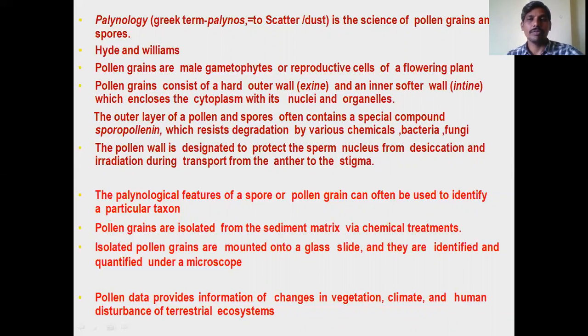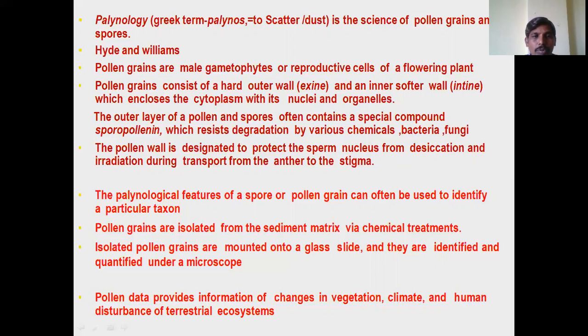Just like you observe, pollens are collected as fossils, and pollens are also collected from honey and from different resources. The palynological features of a spore or a pollen grain can often be used to identify a particular taxon.